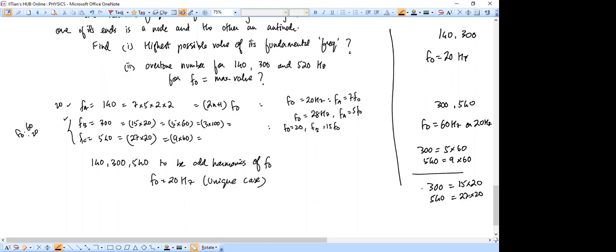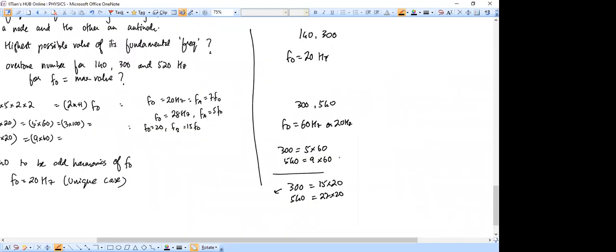So accordingly, for 60 this would have been the fifth harmonic, so it is the second overtone. Okay, and this is ninth, so that would have been the fourth overtone. f4 would have been 540, which is 9 f0, for f0 to be 60 hertz.